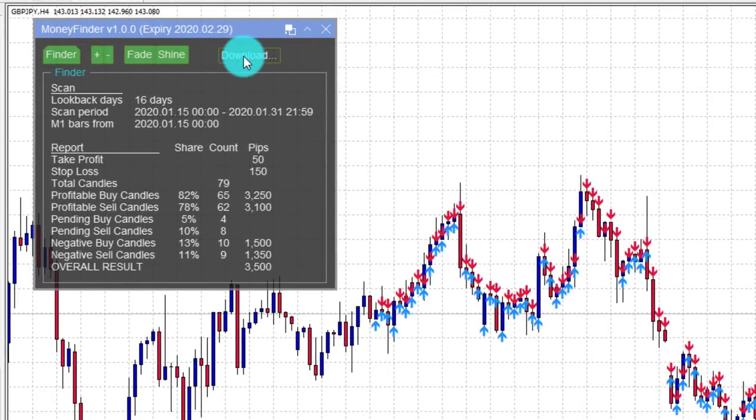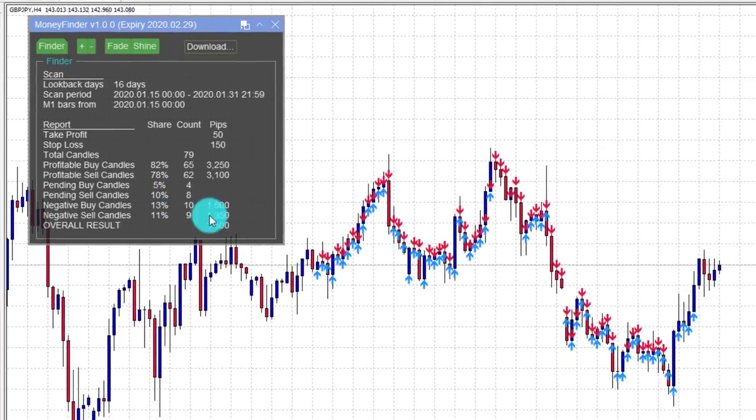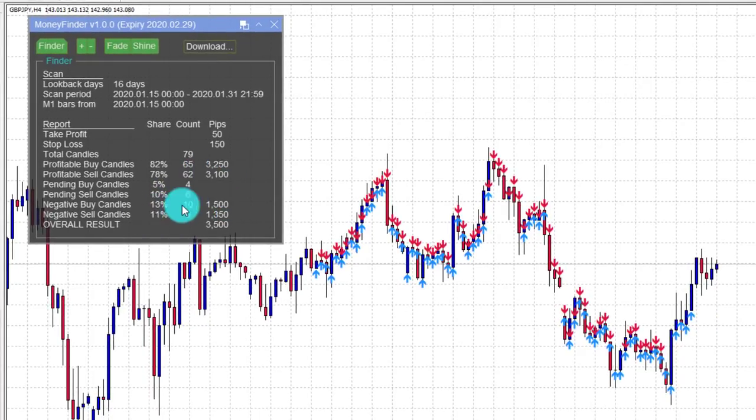You can also download the upgrades of the versions of the EA from over there. So it's very handy, and it does the analysis for you. It tells you how many candles have closed, how many have closed positively, how many have closed negatively, and how many are still open with no results.